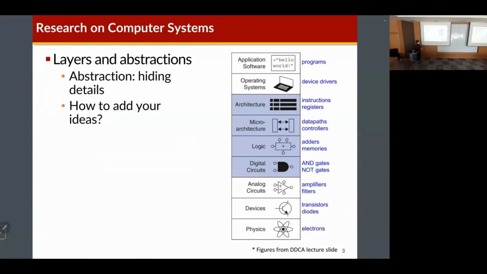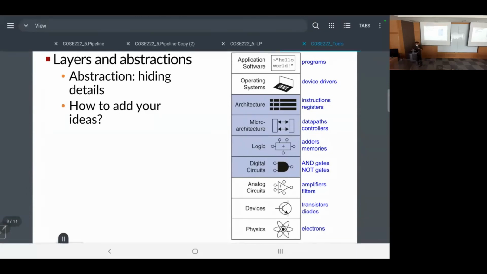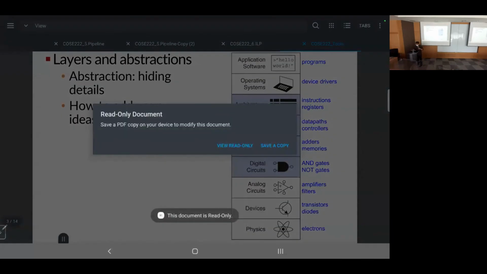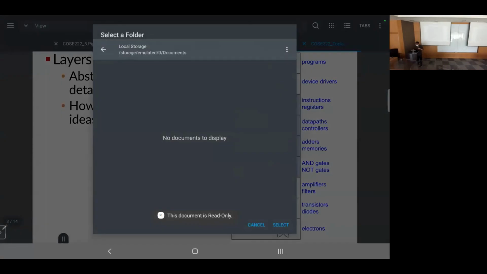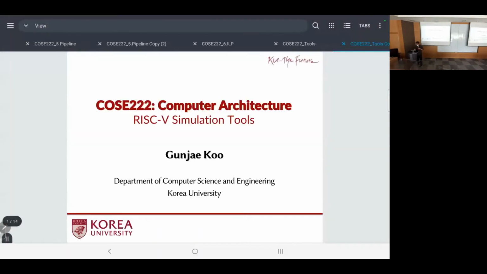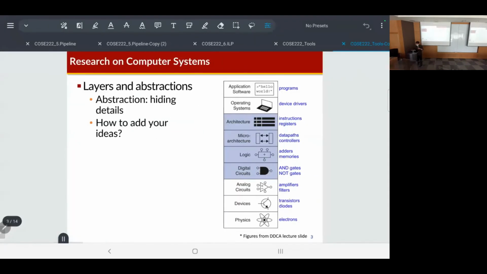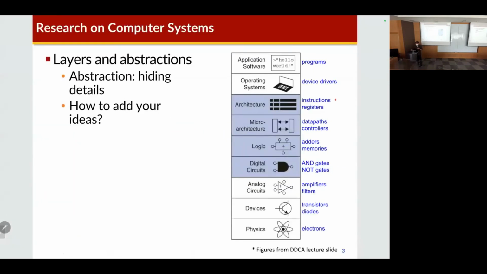So now, in this course, we are learning about some layers of computer systems, like this layer. So we are learning about this layer, the architecture layer and the microarchitecture layer.